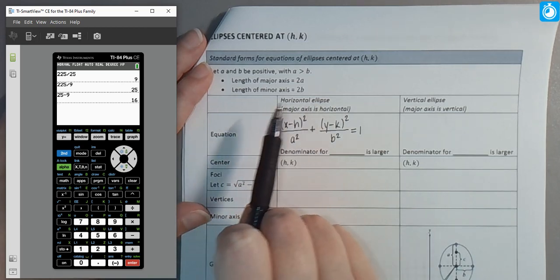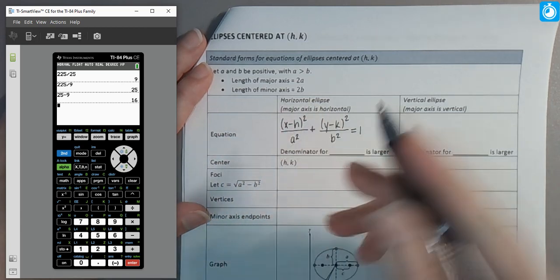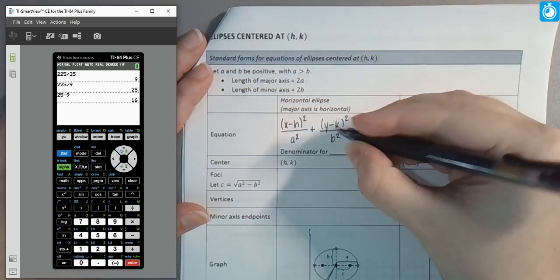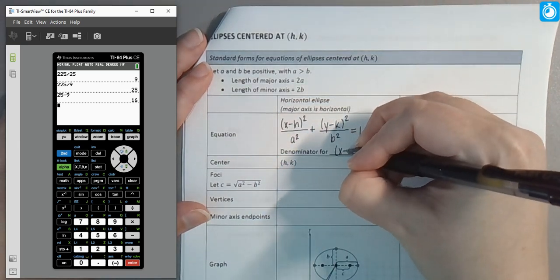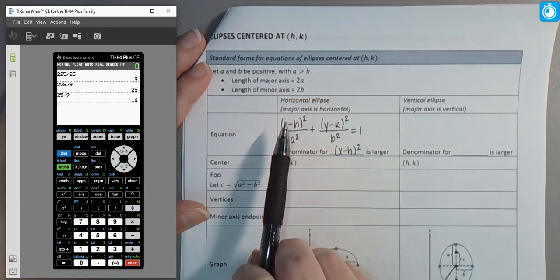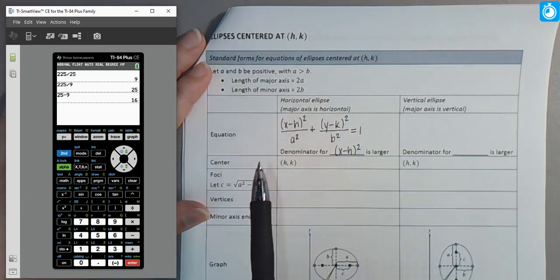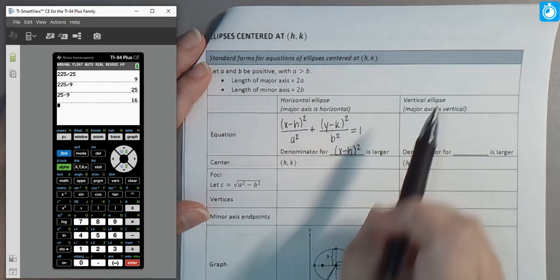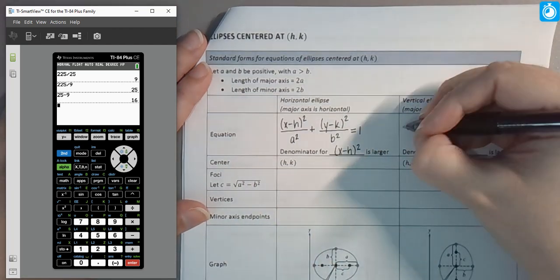And again, same way of determining whether or not we're looking at something horizontal. In this case, we have a horizontal ellipse when the denominator for (x minus h) squared is greater. So if x has the larger denominator, it means we're looking at something horizontal. So you can probably guess what's going to happen for a vertical ellipse.